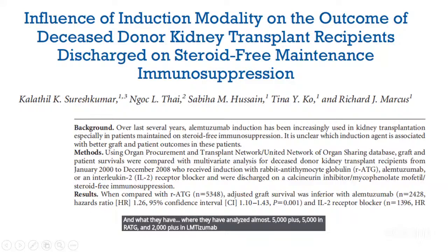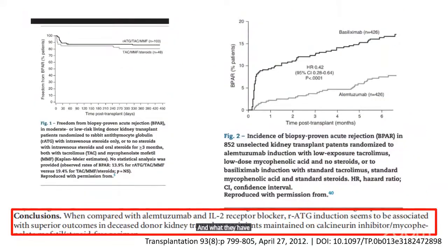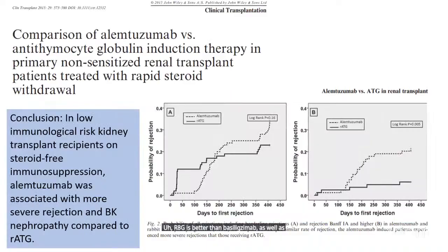They concluded that, compared with alemtuzumab and IL-2 receptor blockers, RATG induction seems to be associated with superior outcomes in deceased donor kidney transplant recipients maintained on calcineurin inhibitor and mycophenolate. Be it biopsy-proven rejection or graft outcome, in both ways, RATG is better than basiliximab as well as alemtuzumab.